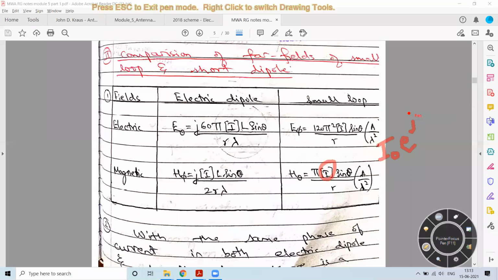When we take the magnitude of this, the magnitude of the exponential is 1, as discussed in the previous session, so the value is I naught. So the magnitude is pi into I naught sine theta divided by R into A by lambda square. We are using the magnitude in the derivation.